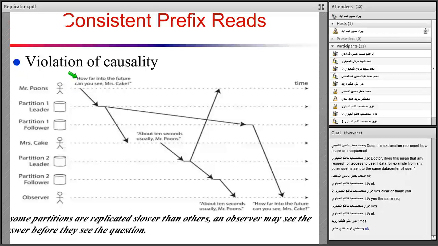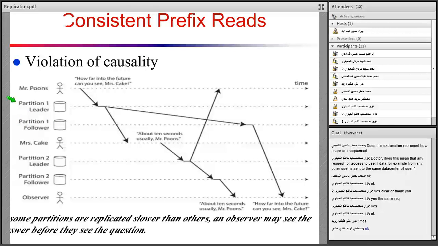This message is stored in the partition 1 leader, and the leader should send this message to its follower, the follower of the partition 1 leader.